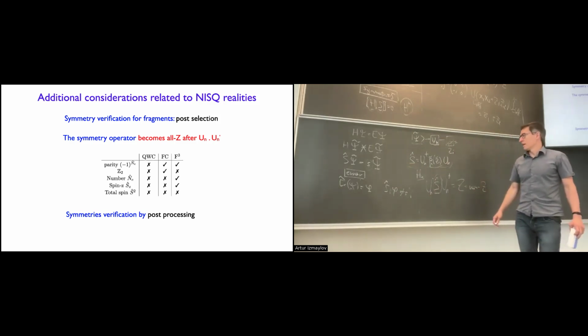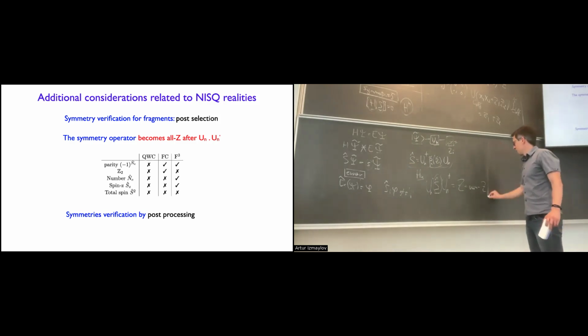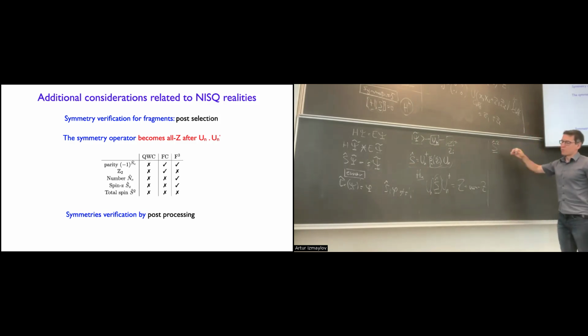Okay, and so that is somewhat of a problem especially with complicated symmetries like the S squared operator. For S squared, if you write it in second quantization, it's a 2-electron operator, and there is not a simple unitary that will diagonalize this operator.